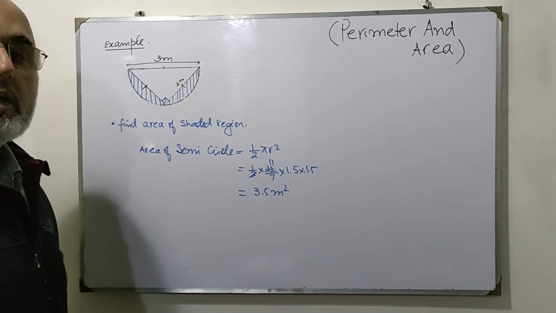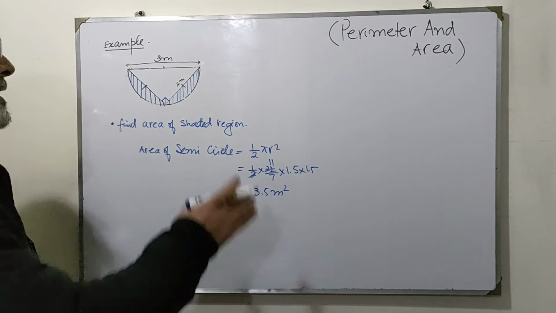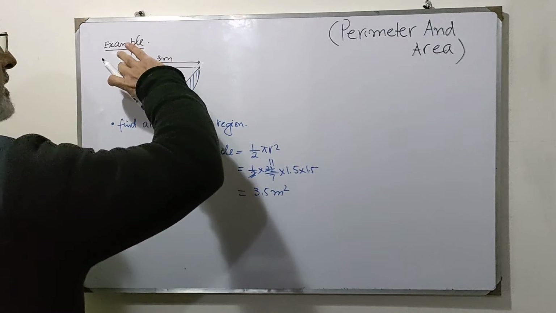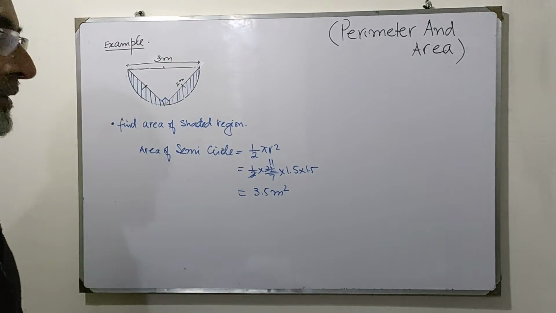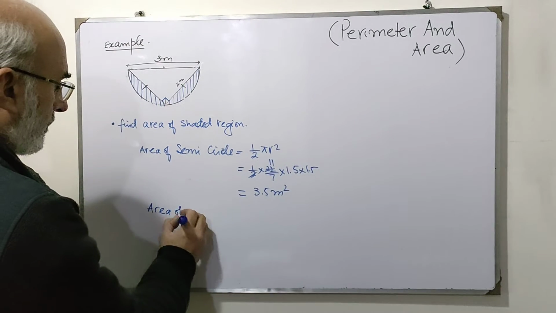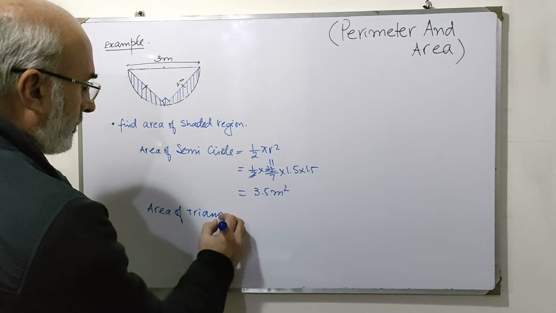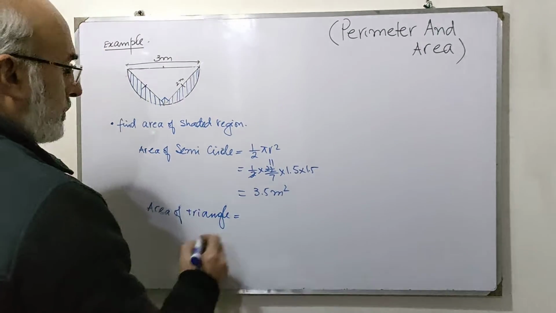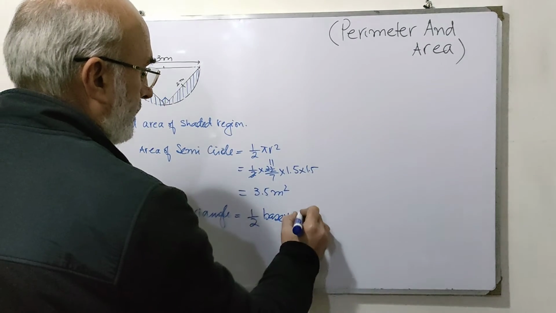Now we have to calculate the area of the triangle, and we know that it's half base into height. Either we can take this as the base and this as the height, or we can take this as the base. It's both ways the same. So the area of triangle is equal to half base into height.